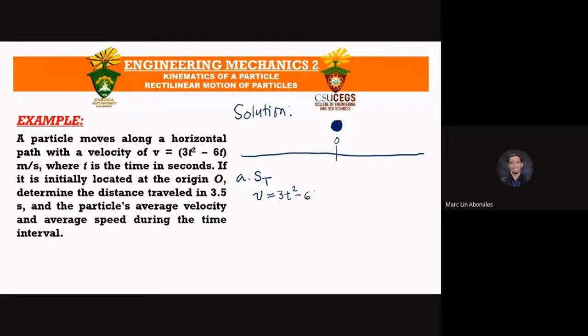What we need is the position. We cannot identify the position directly using this given function of velocity of the particle. So we need to convert this into an equation that describes the position of the particle.